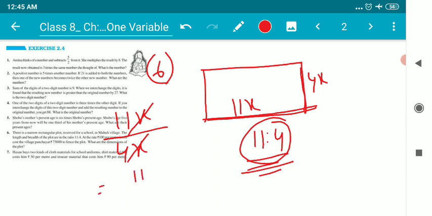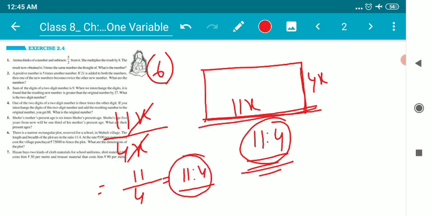Finally, what will be remaining? 11/4 can be written as 11:4. Yes or no, children? Very simple. So that is why 11:4 can be expressed as 11x and 4x as well. So length is 11x and breadth is 4x. That's fine. Brilliant. Chalo, take it.